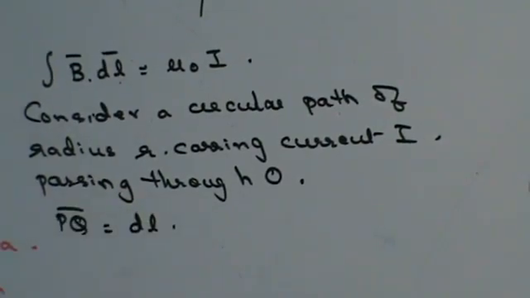We consider a small element on that given circular path and call it the dl vector.